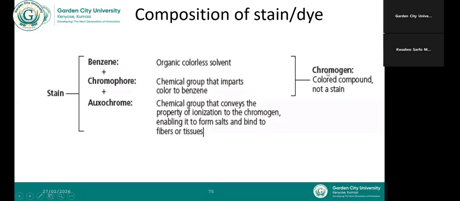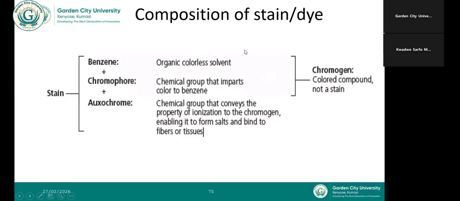So chromogen is just a colored organic solvent, but it is not yet a stain because it's not charged. So the auxochrome will then ionize the chromogen. The chromogen is the organic solvent and then the chromophore. Once the auxochrome is added to the chromogen, then it is a biological stain or dye.